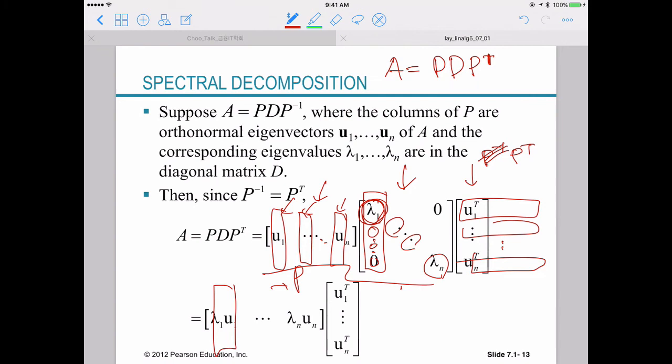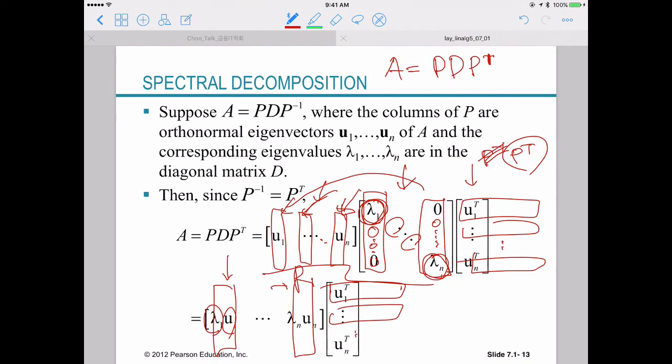So the linear combination will be lambda 1 times u1. Similarly for the last one, the coefficients will all be 0 except for the last one, corresponding to each of the columns in matrix P, and this will be our last column. Then we have P transpose, which is like this.